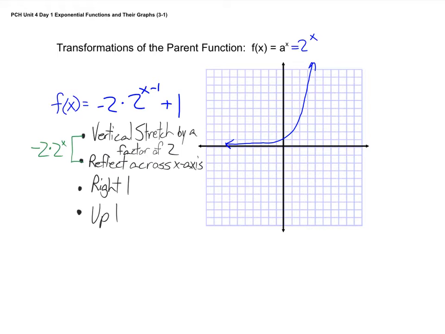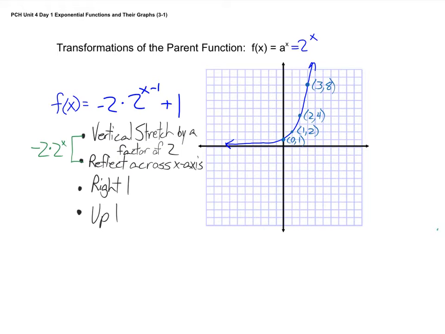So, you'll notice here all of the points that we have on our original graph: of course, the y-intercept, we have 0, 1, we have the point 1, 2, we have the point 2, 4, and we have the point 3, 8.